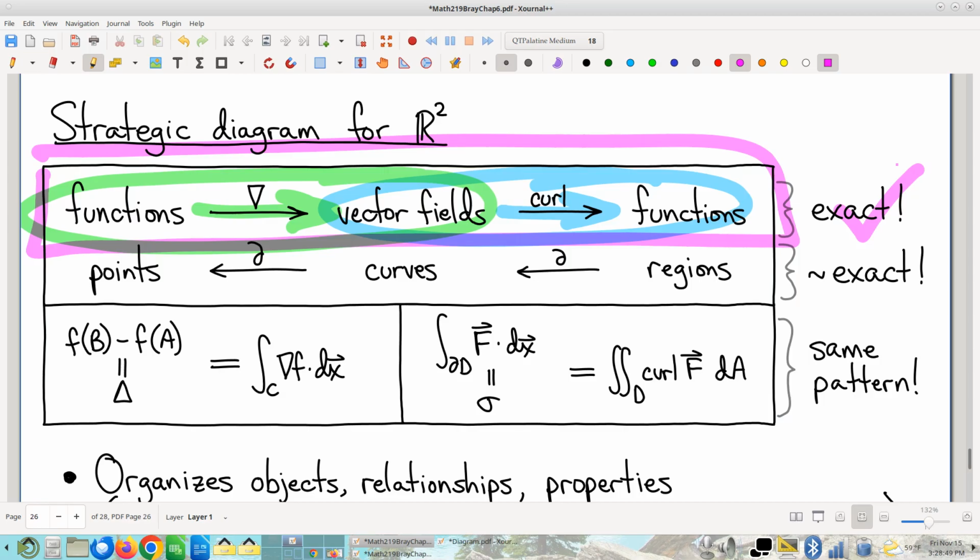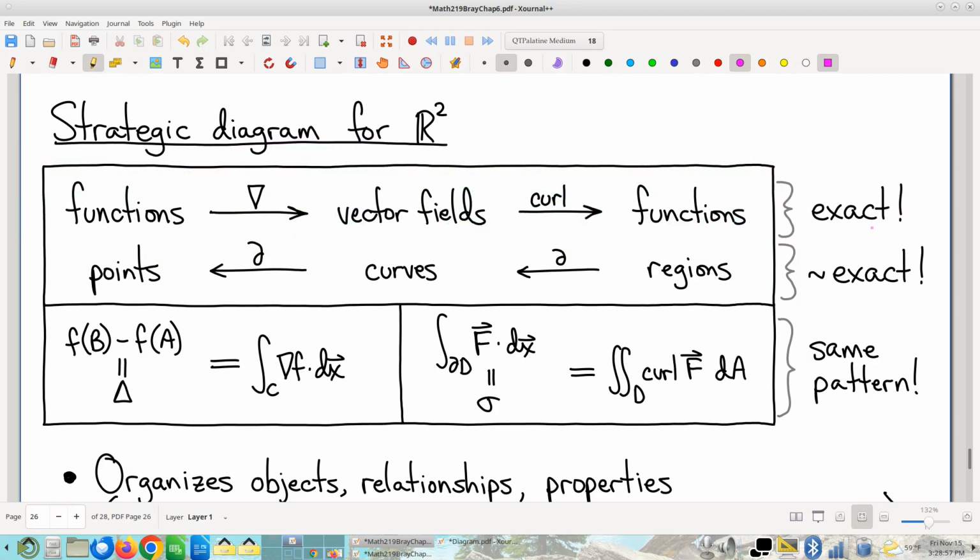Y'all remember that business about lifetimes of 2? Yeah. Okay. So, for example, and again, being deliberately sloppy, if you have a function, and you compute the gradient to get a vector field, that vector field's curl will be 0. So, birth, survival, death, 0.